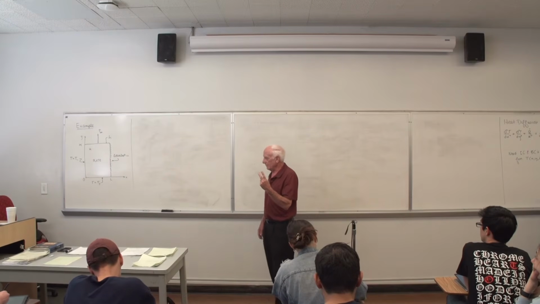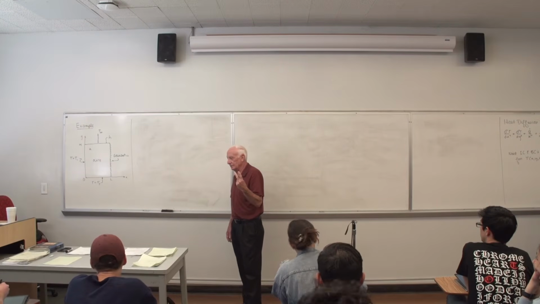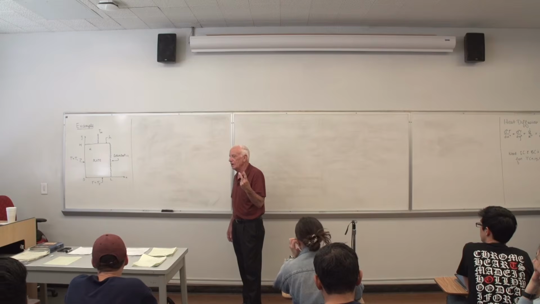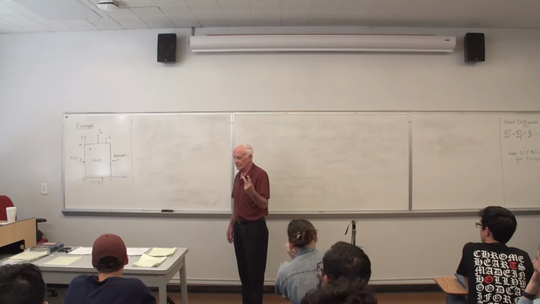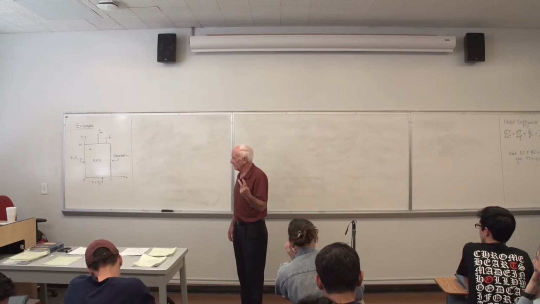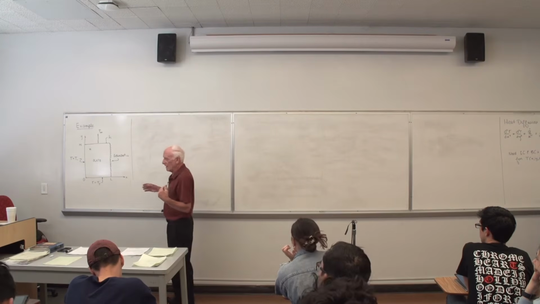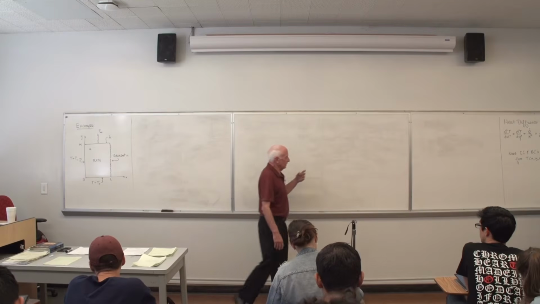Did I specify any internal generation of energy, Q dot term? No. Did I specify time anywhere? No. Steady state. So we have steady state, no generation. We're assuming that the properties are constant, not a function of time. K is a constant. So here's our equation.